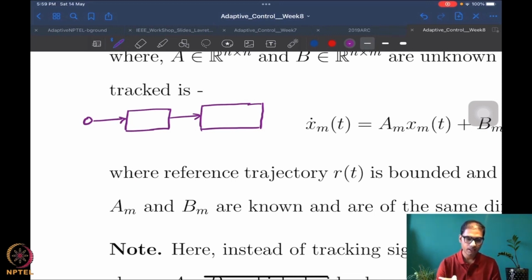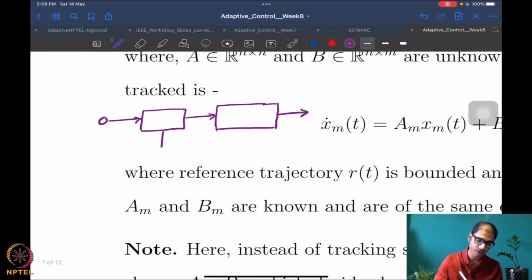Then I'll have something like an output, and this output, of course, feeds back. Well, actually, not this output, but typically you will have this going here.